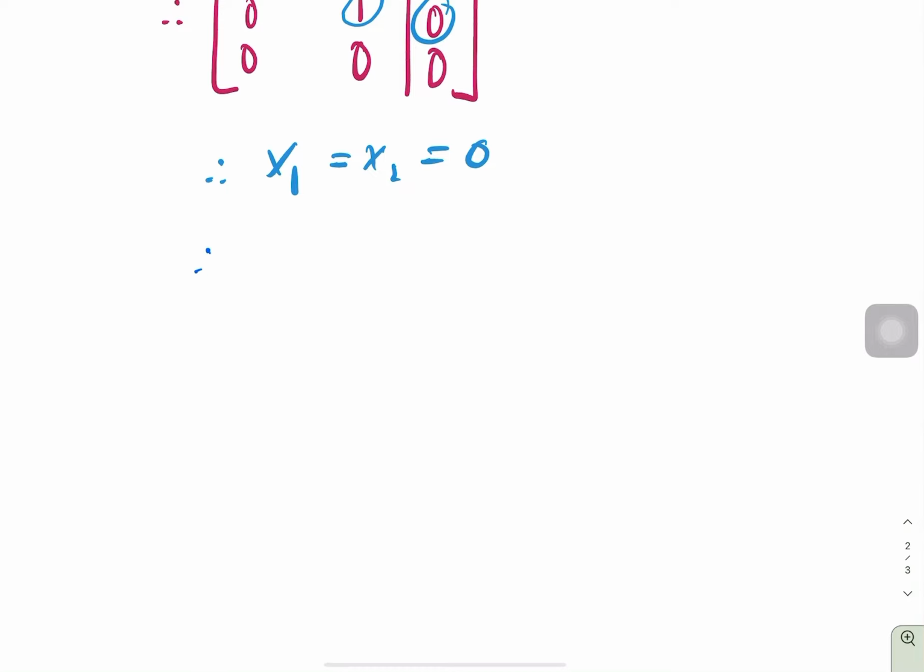Therefore, the solution is trivial. So what do we know about trivial solutions? Those have a linearly independent set, all right?